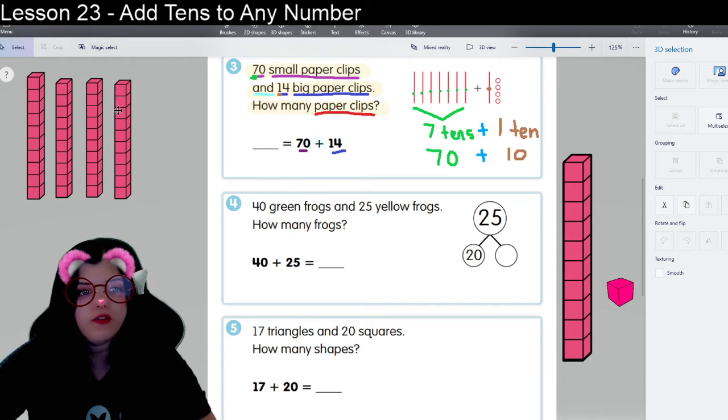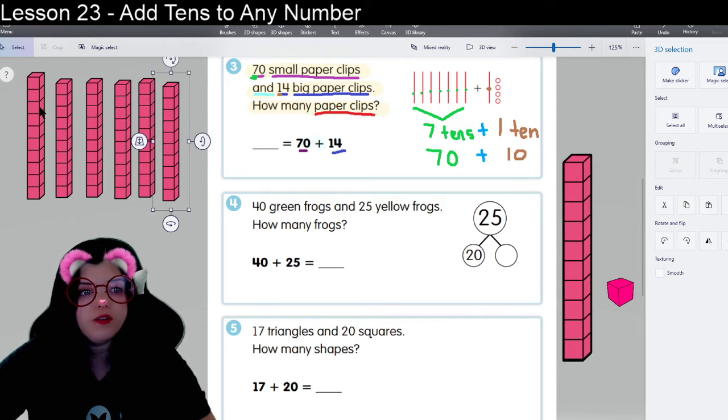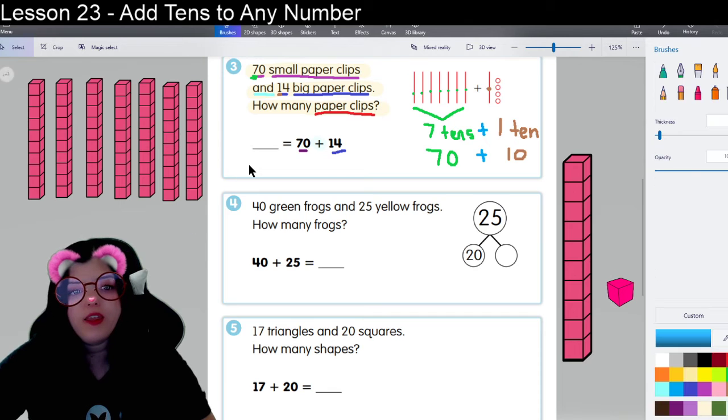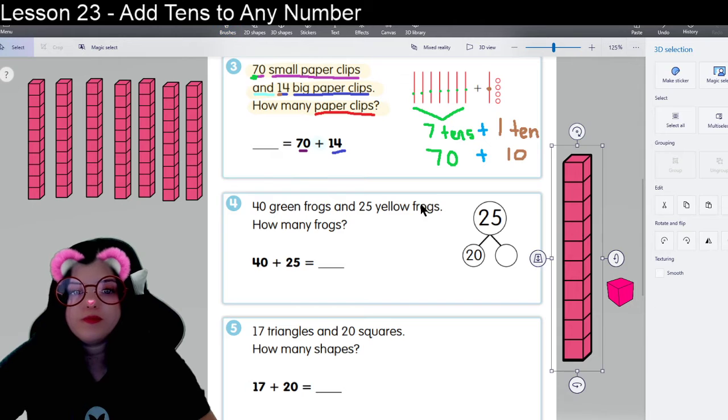So this is our 7 groups of 10. And then we need to add 1 more group of 10. We have our 7 tens from 70, and now we need to add our 1 group of 10 from 14.